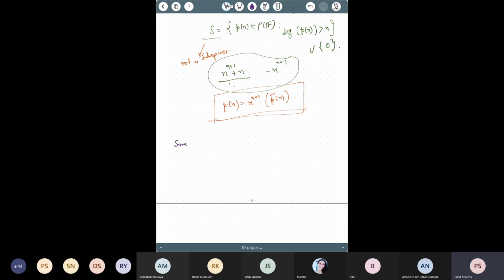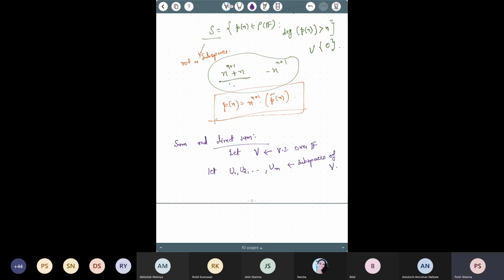Let me define sum and direct sum. Suppose that we have a vector space V over F, and let U1, U2, up to UM be M subspaces of V. So these are subspaces.